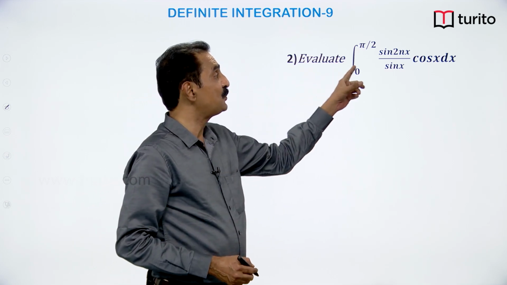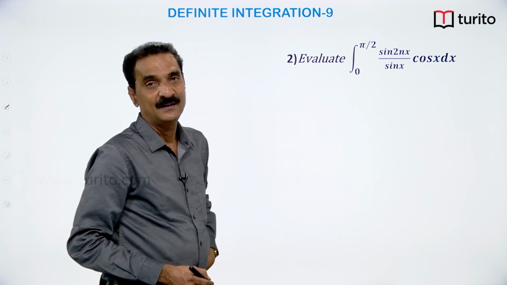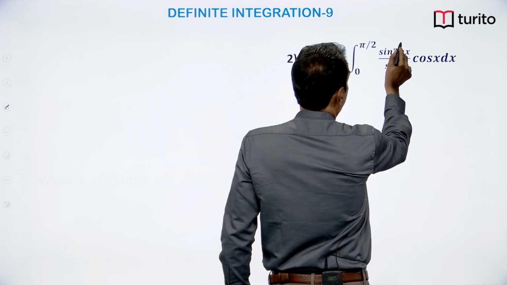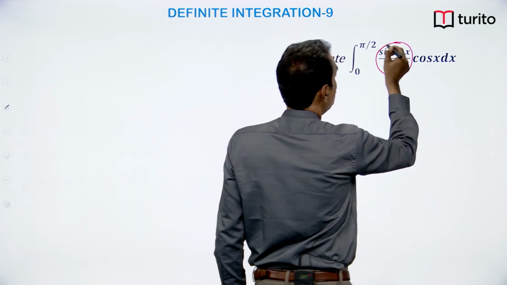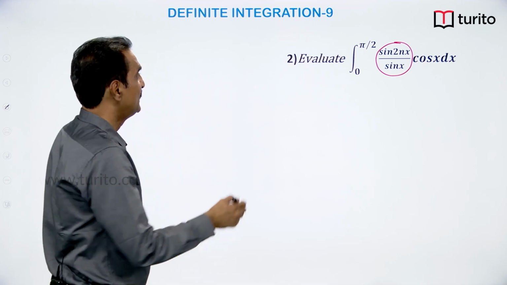Evaluate integral 0 to pi by 2 sin 2nx by sin x into cos x. In this question, we can write sin 2nx by sin x as a sum of a series.